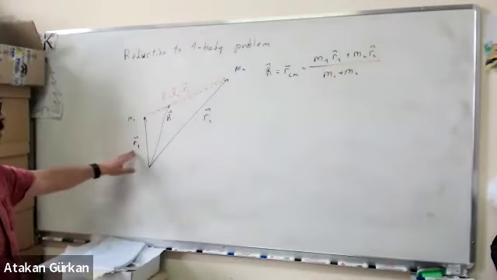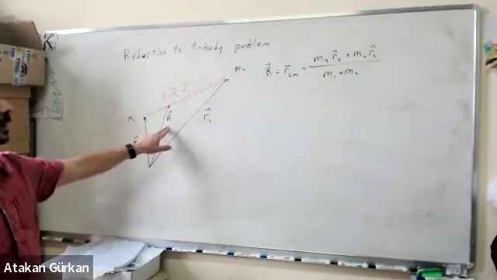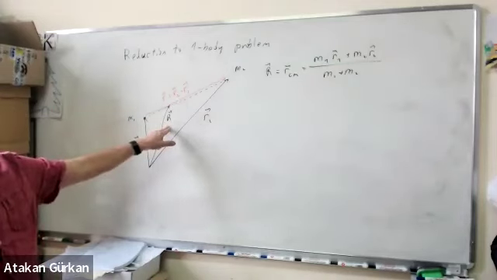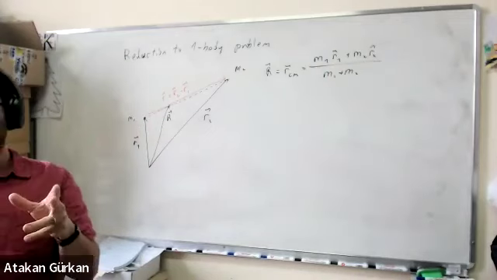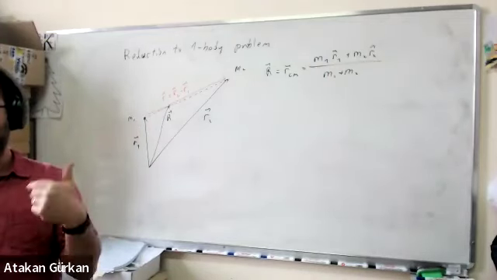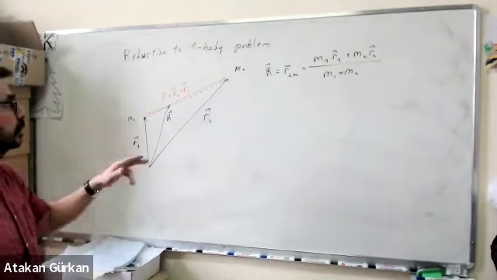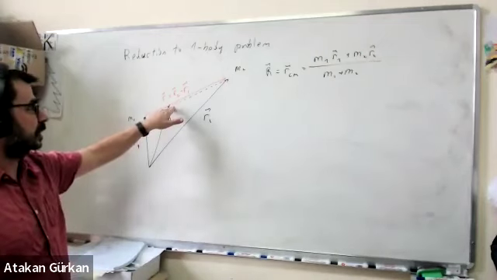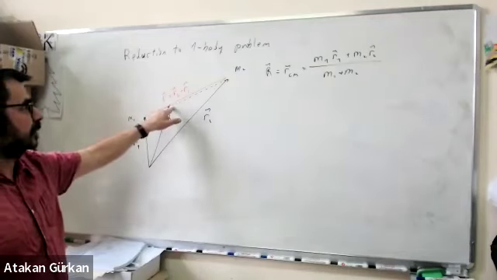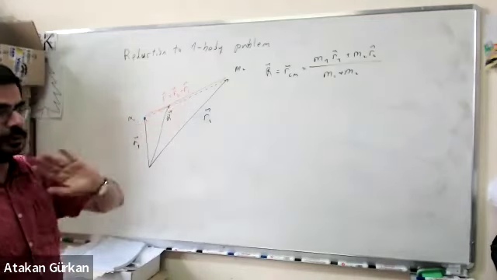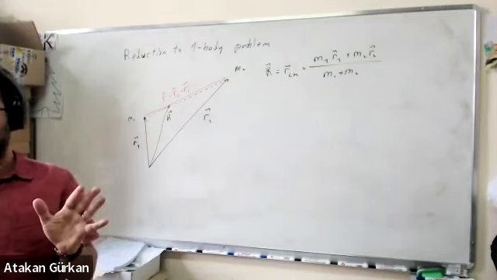Okay, so this small r1, small r2, and capital R, they're all given in the inertial frame. We are going to take this motion and divide this into the motion of the center of mass and the motion about the center of mass. So we are going to define the positions with respect to the center of mass. And in some cases, this is not going to be an inertial frame if there is an external force, but we are going to neglect external forces, so that's going to be inertial as well.